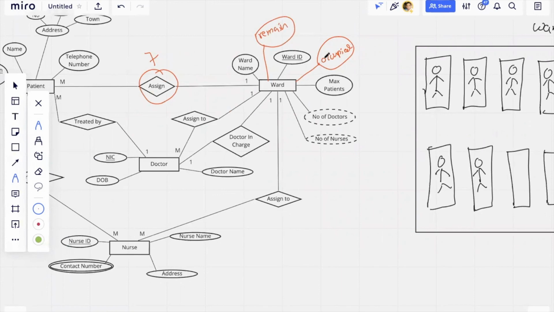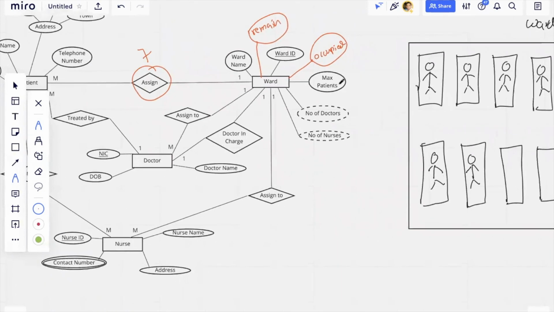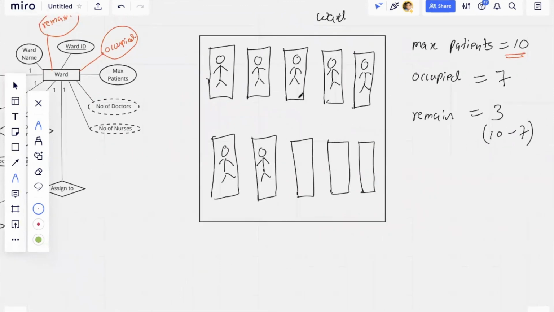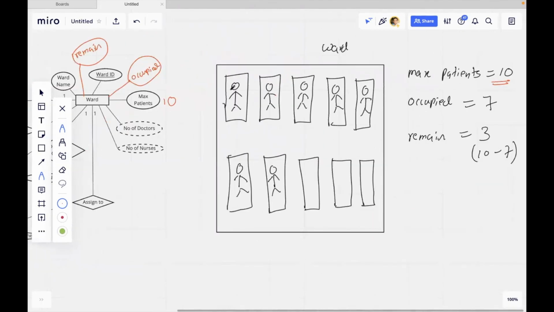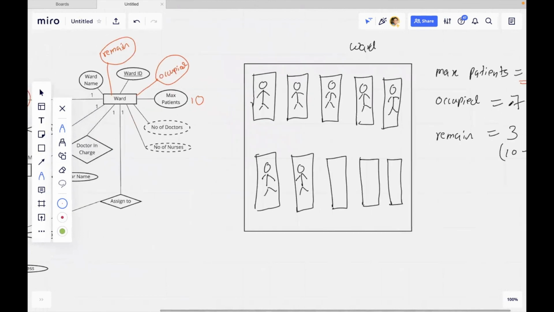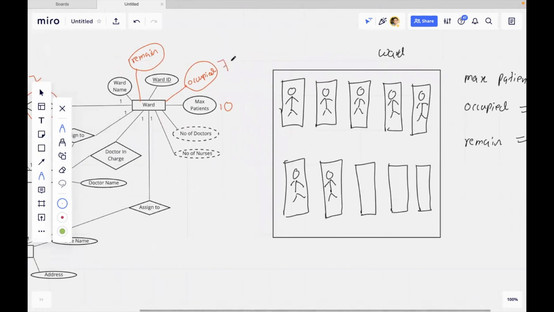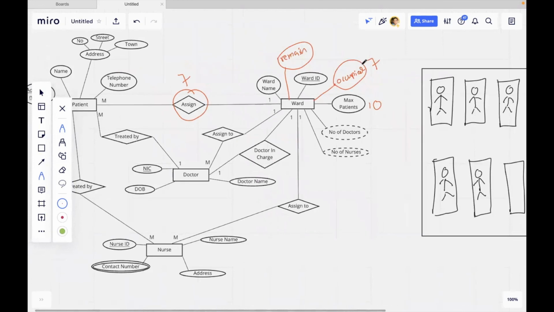That means this occupied can be calculated. But the max patients cannot be calculated. You have to save it. Max patients is 10 here, but the occupied is 7. There is no need to save that one. It is already there, we can get it from here. The data is already there.